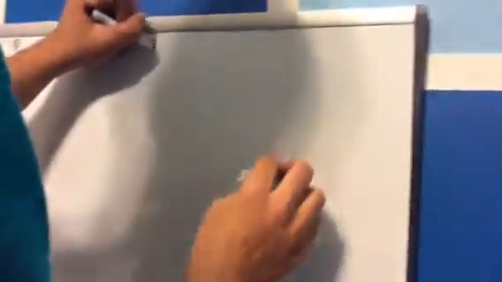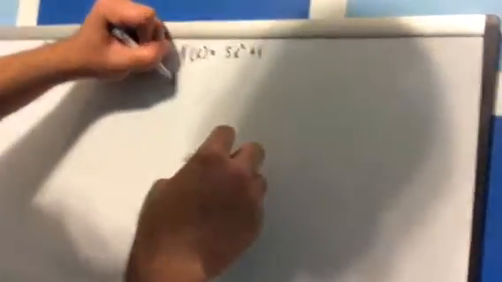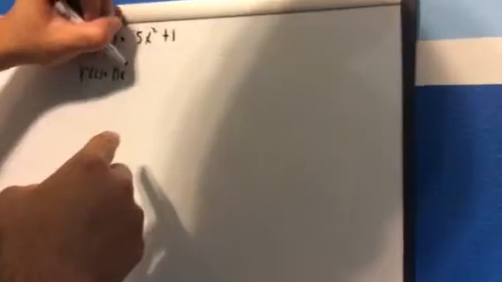Now, if you still don't believe me, you can do this again with another function. Let's say our function is f of x is equal to 5x squared plus 1. So now we're going to follow our power rule. So f prime of x is going to equal, remember, n x to the n minus 1.